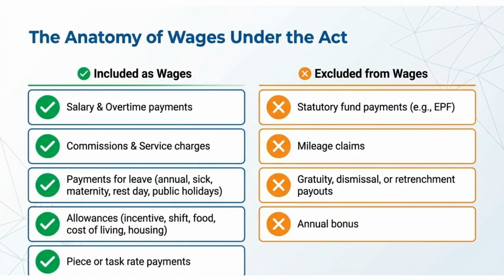For SOCSO contribution purposes, wages include all remuneration payable in money to an employee. The included items are salary, overtime payments, commissions and service charges, payments for leave (annual, sick, maternity, rest day, public holidays), allowances (incentive, shift, food, cost of living, housing), and payments made at an hourly, daily, weekly, piece, or task rate.